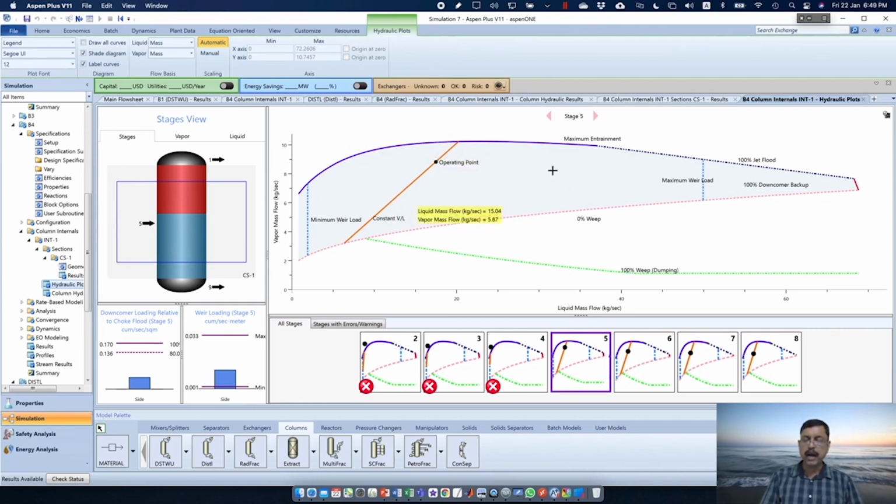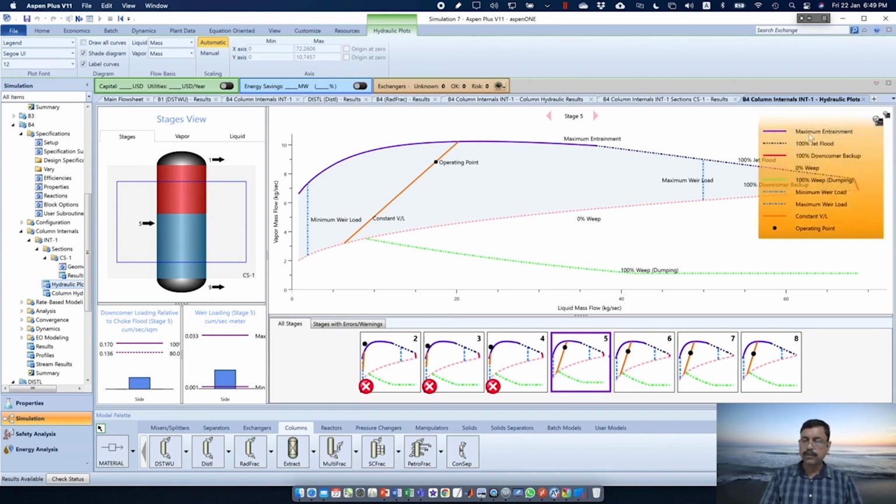It should not go higher than that because this is the maximum entrainment line. It should not go beyond this because it is the weeping line. This is the 100% weeping, dumping line. This is the minimum weir load. This is the maximum weir load. So all these are written over here, what those lines mean. Each and everything is written, so you can go through them.